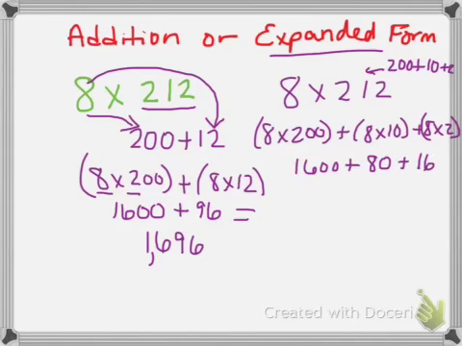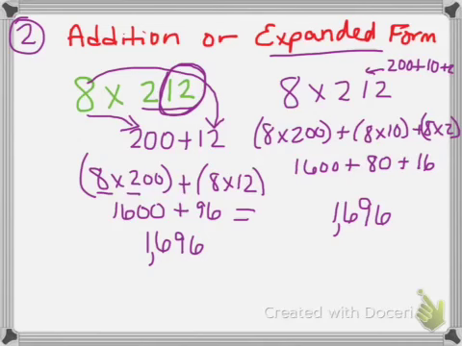And again, when I add them all up, I get 1,696. So this is step 2. This is another way that can be easily used. Sometimes what you'll notice is maybe in this 212, that number is a 25, and it can be really easy to multiply, or it's a base of 10, so 10, 20, 30, 40, etc.